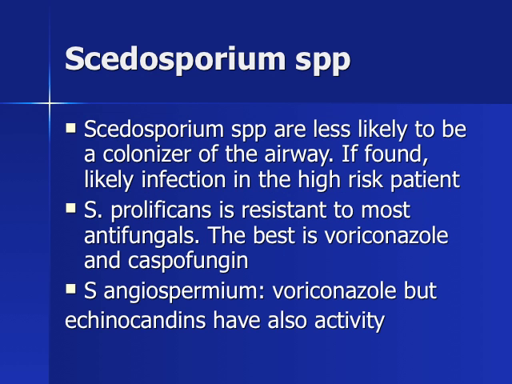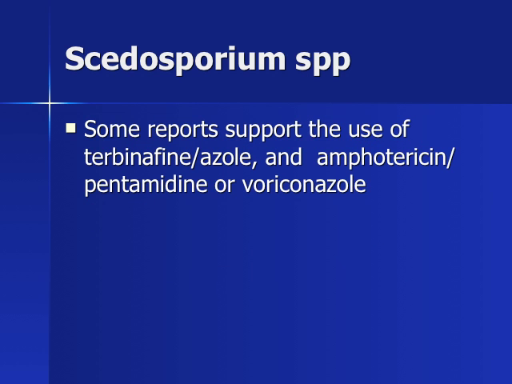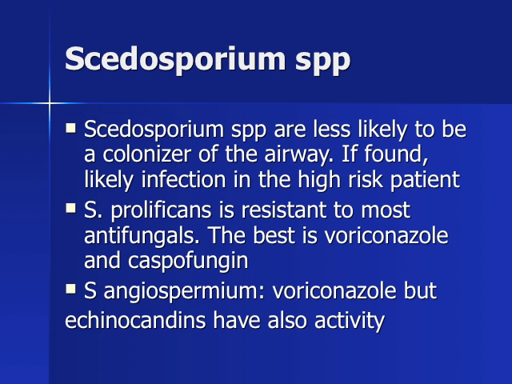But you're not going to find it in a healthy patient, as opposed to Fusarium that can be found colonizing the throat in healthy patients. Scedosporium really is a mold that breaks through when the patient has been heavily treated with antifungals. Voriconazole is the drug of choice for Scedosporium apiospermum, and echinocandins may have some activity.